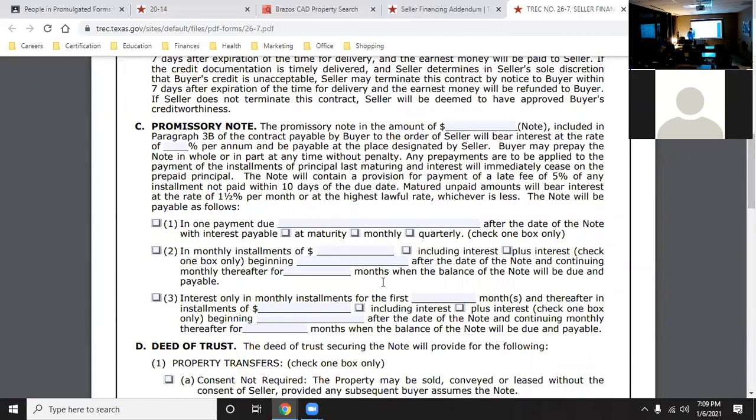While this form is all nice and pretty and neat, I will advise, especially if you work in my firm, you do not utilize this form, period.